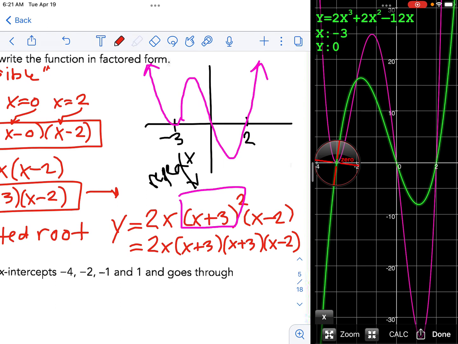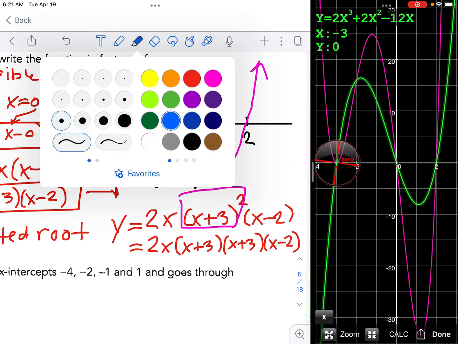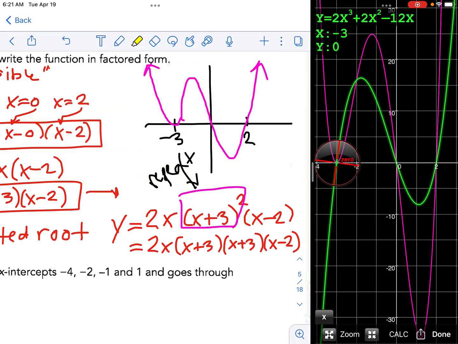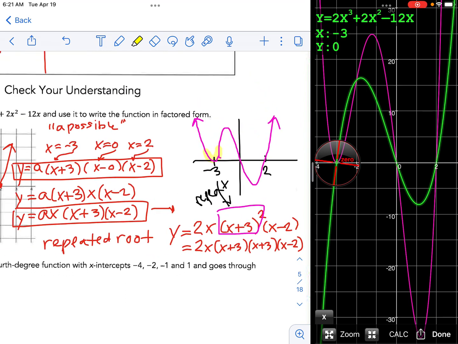So when you see this characteristic on a graph, which you'll see on the first page a lot, once in each one of the problems except for 5, you're going to have to repeat that factor.